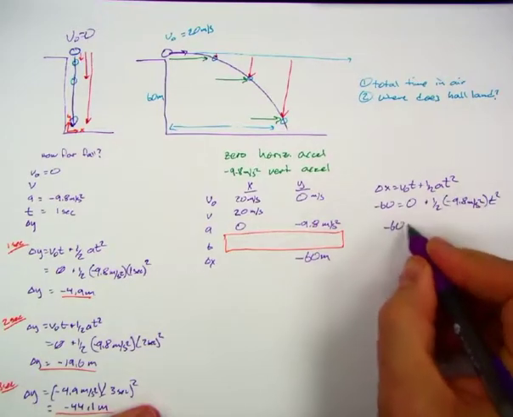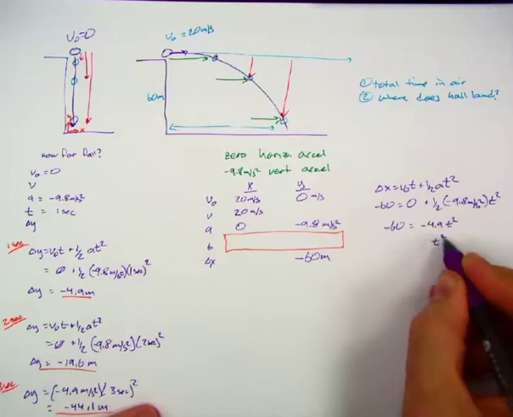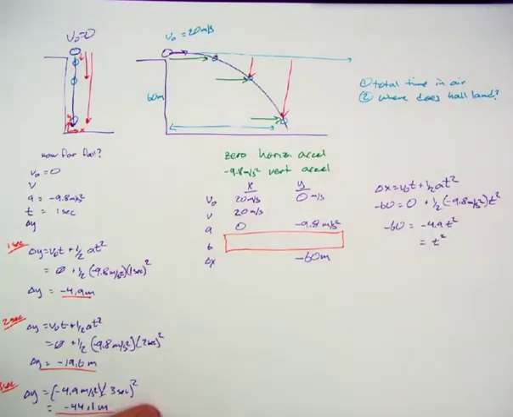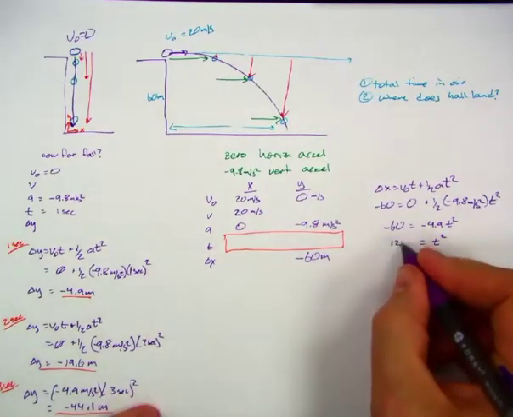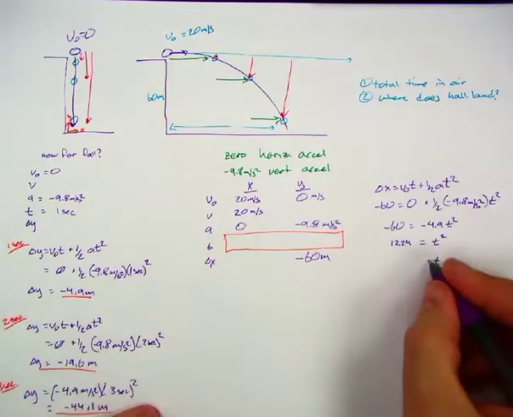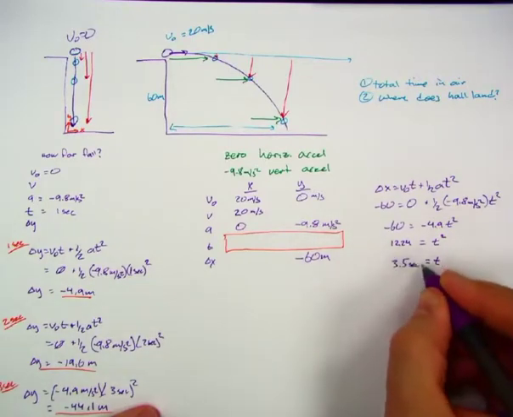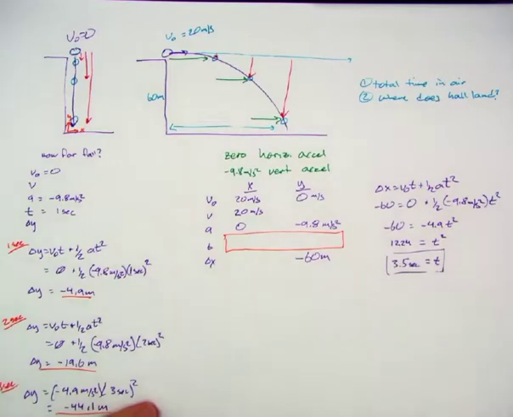So negative 60 is equal to negative 4.9 t squared. So t squared is equal to, go plug that into my calculator, 60 divided by 4.9. T squared is equal to 12.24, and then square root. So my time is equal to 3.5 seconds. Okay?